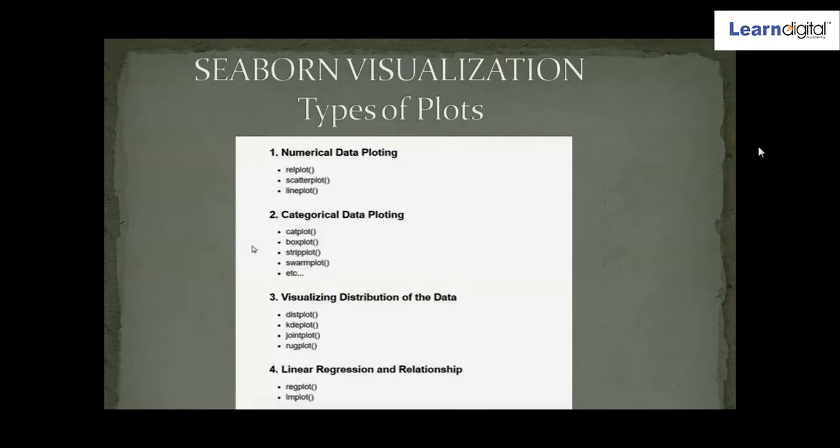I will show you with a live example when we are going through the code. Now visualize the distribution of data. This means the data will be distributed in plots. In linear regression and relationship, we are going to cover regression plot and LM plot.